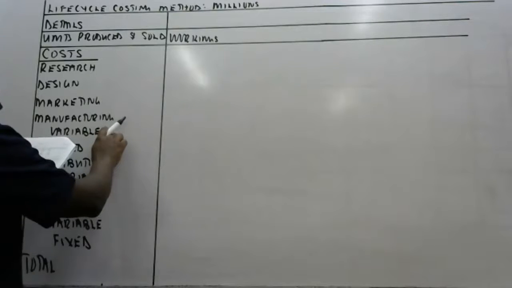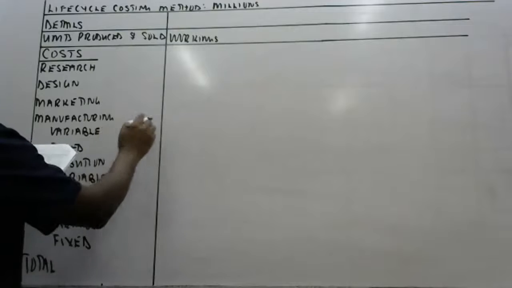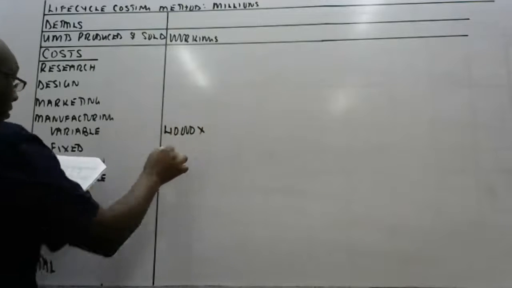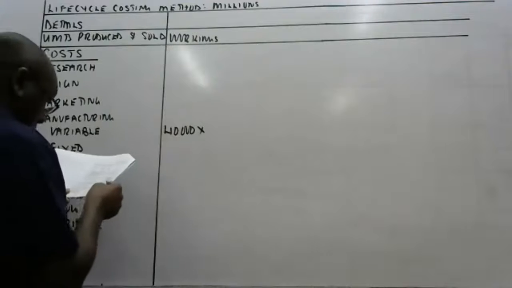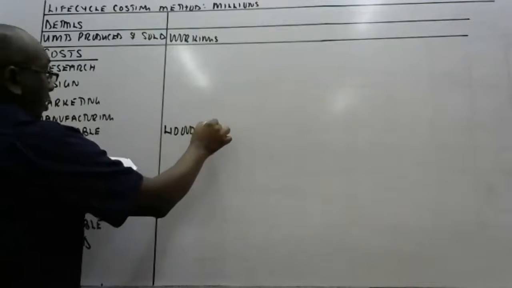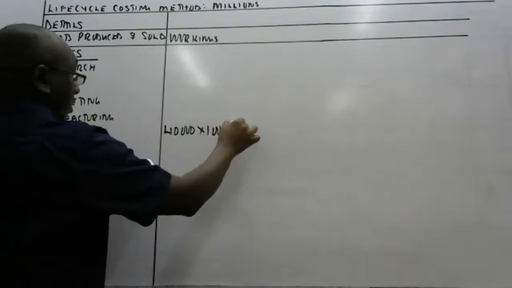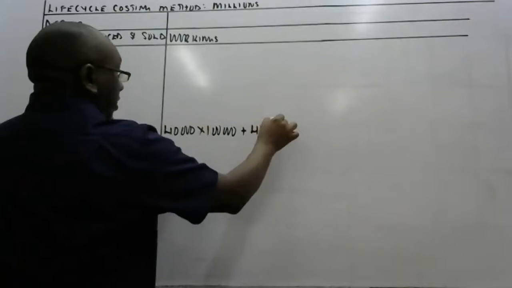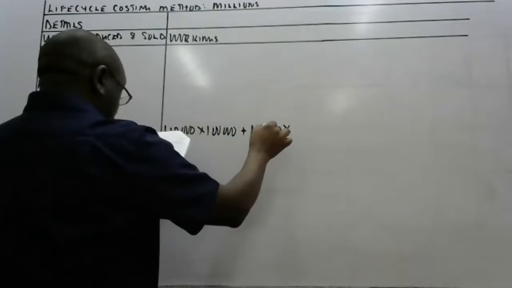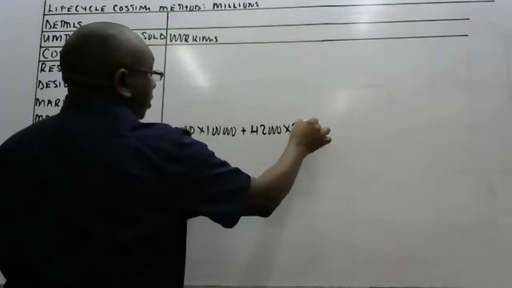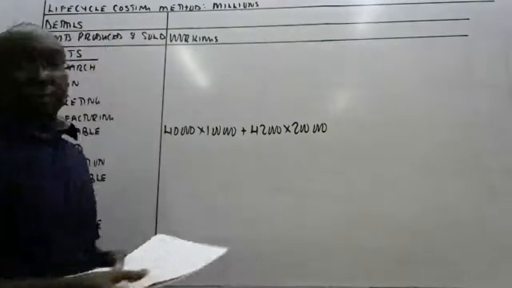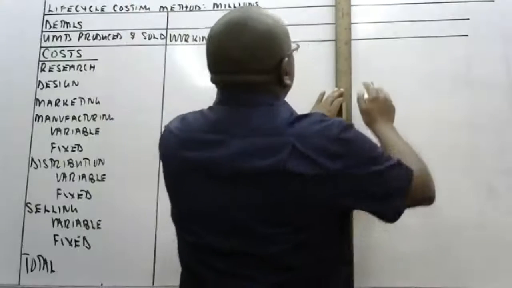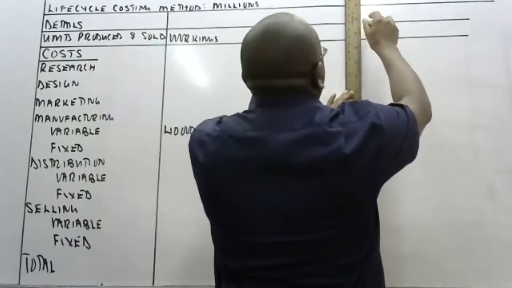Manufacturing variable, it will be 40,000 times 100,000 units plus 42,000 times 200,000 units. Yeah, I think that tells me where my figures will get to.